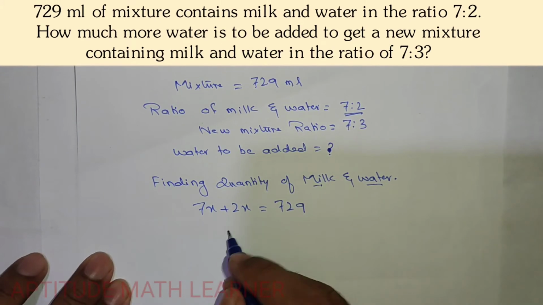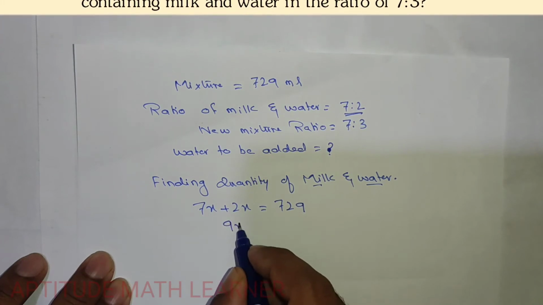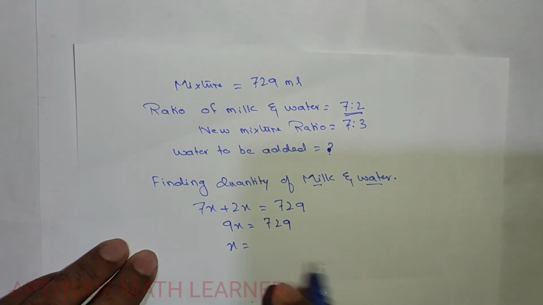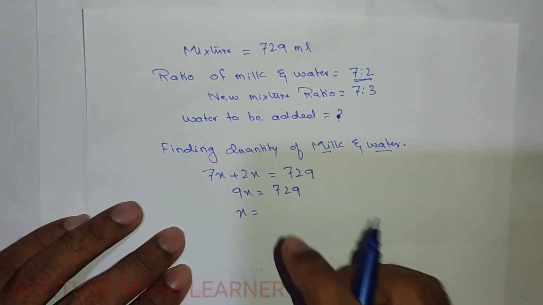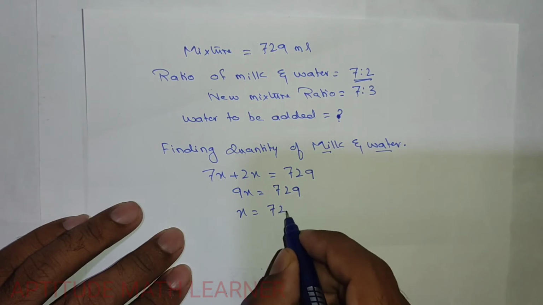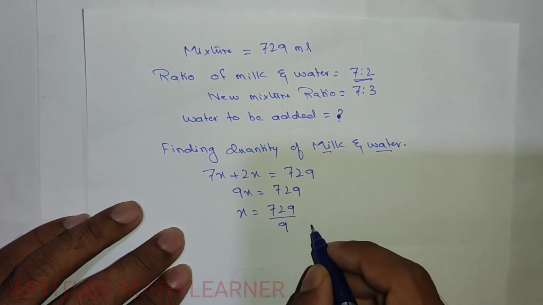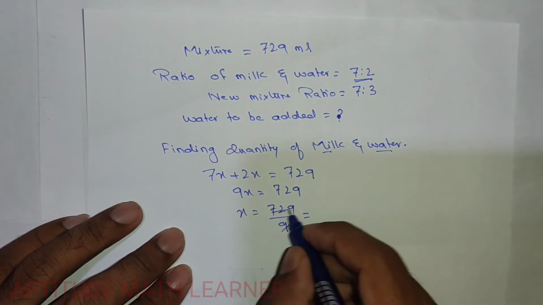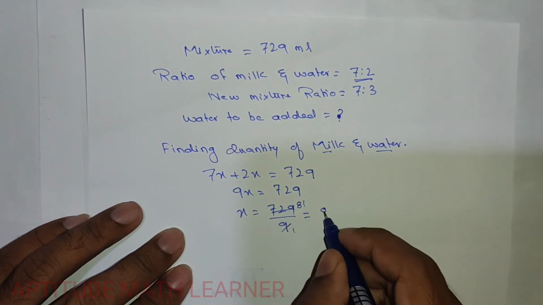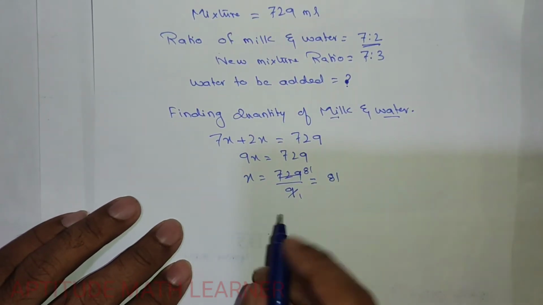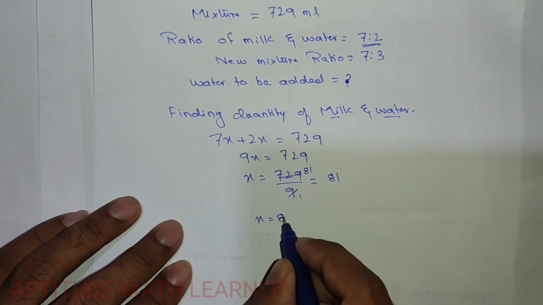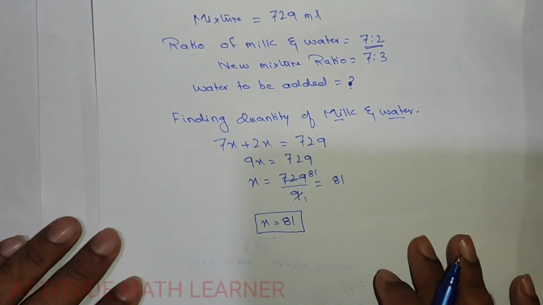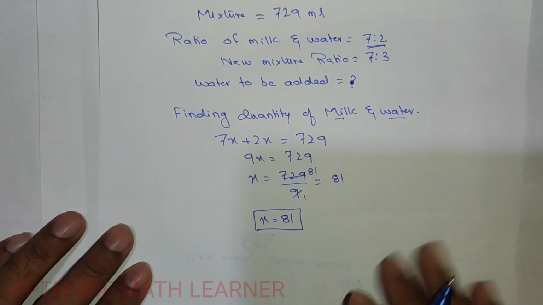So it becomes 9x is equal to 729, and x is equal to 729 upon 9. 9 nines are 81, so we have the value of x, that is 81. Now we find the quantity of milk and water.